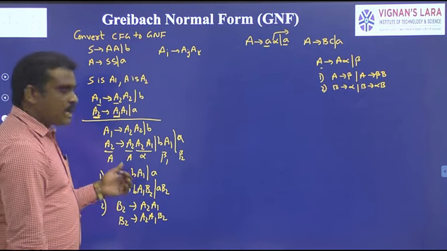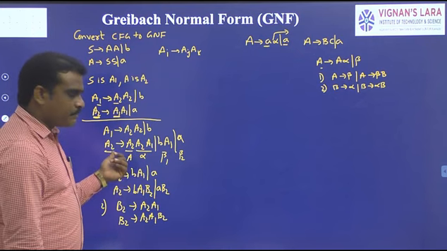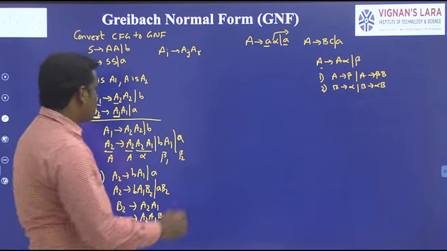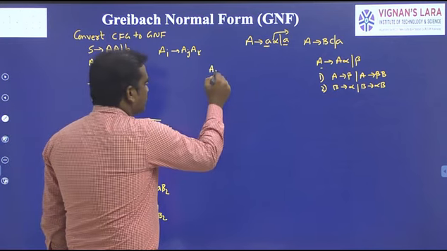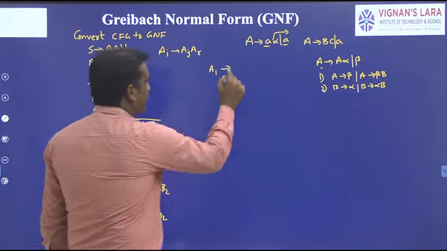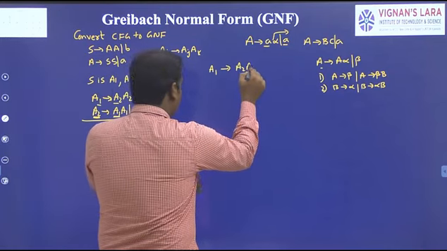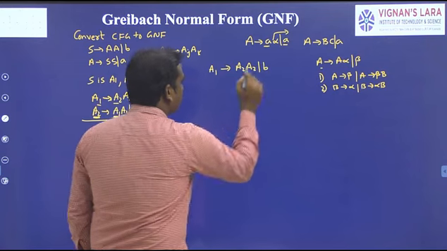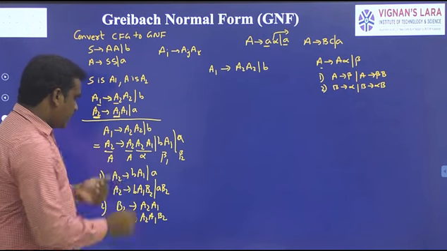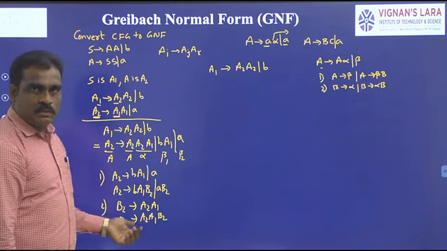Now after elimination of the left recursion, the resultant grammar is like this. The first production is the same, that is A1 to A2 A1 or B A1. The second production is replaced with these 4 productions.